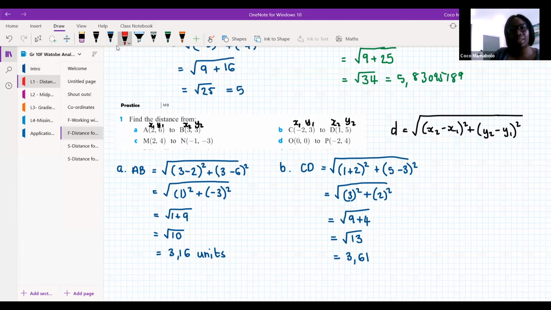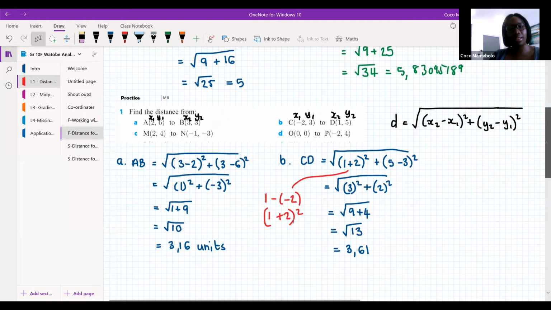Why did I put a plus in the first bracket? What I was going to get over here is x2, which is 1, minus -2. So a negative and a negative will give me a positive. So I'm going to end up with 1 plus 2, all of that squared. Okay, so I just skipped a step there. Maybe I should put all the steps down and not skip one. I hope that makes sense.